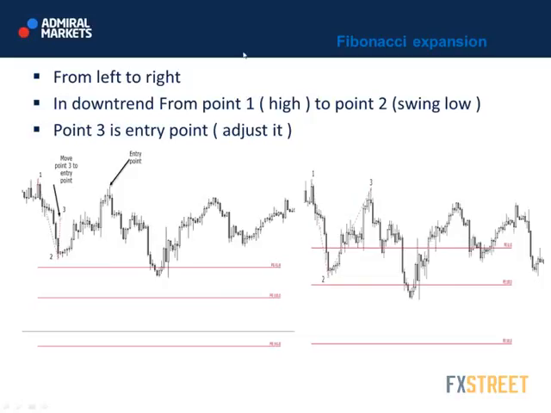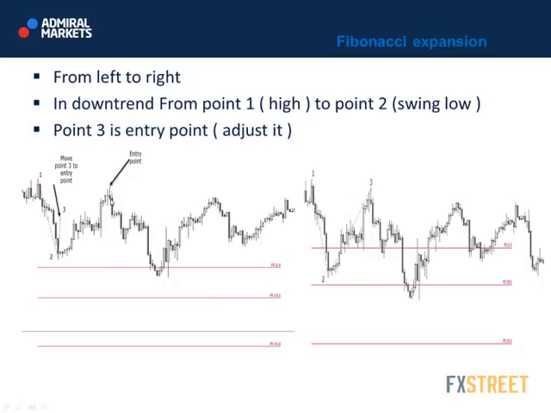Okay? So from left to right, always from left to right. Then in downtrend, from point 1 to point 2. Okay? And then you will see a free point 3. You left click on this point and move it here, because you made your entry here.